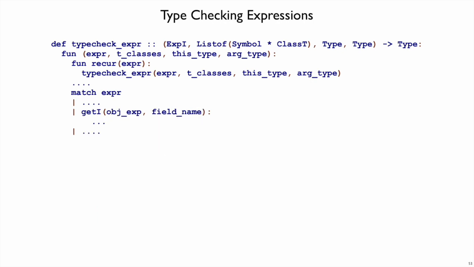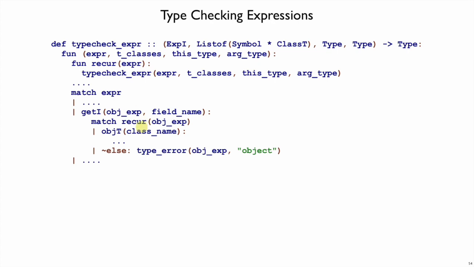In the case of get, we have an object expression and a field name. So the object expression is an expression. We type check it and make sure that it in fact does produce an object, not an integer. If it produces an object, then we also know what kind of object it produces. We get a class name back. And we need to make sure that this field name is in that class name.